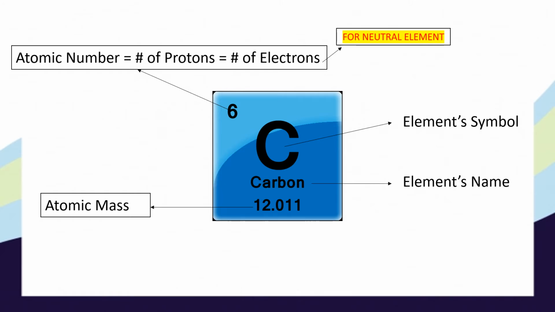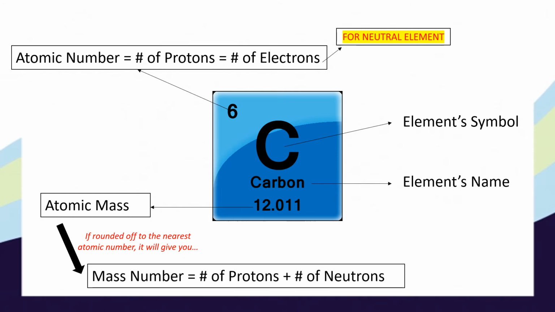Atomic mass is the weighted average mass of all the element's isotopes. If you round up to the nearest whole number the given atomic mass, it is then called the mass number, which is equivalent to the number of protons plus the number of neutrons.